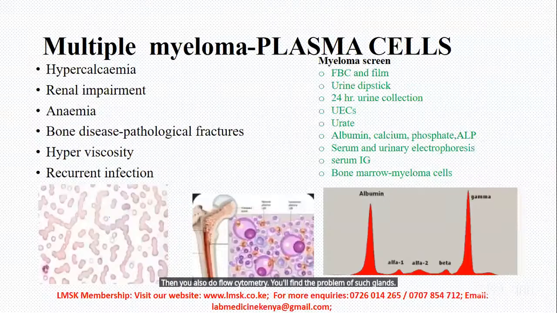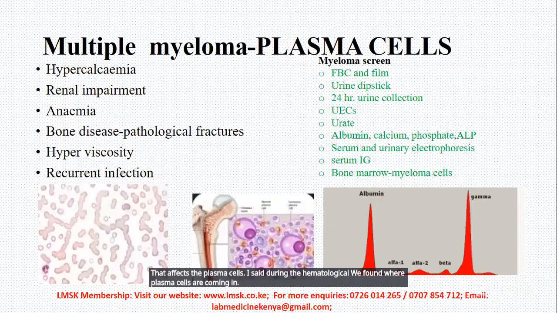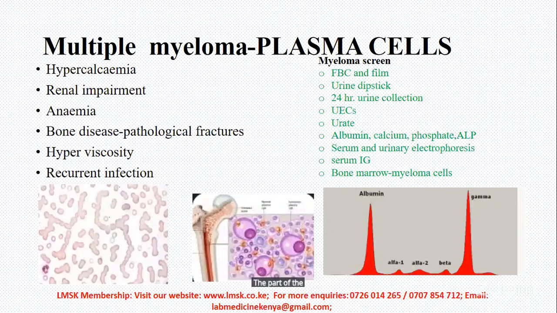Another condition involving this, we have multiple myeloma that affects the plasma cells. I said during hemopoiesis, we found where plasma cells are coming in. They are part of the B lymphocytes.